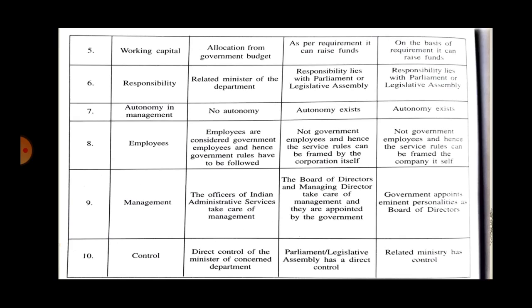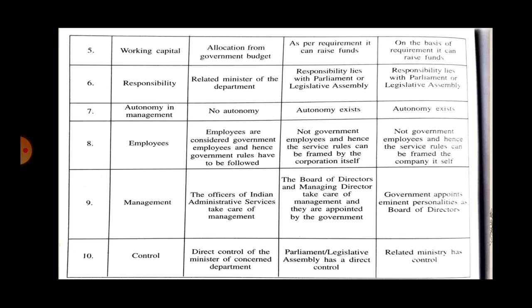Next is control. Here there will be direct control of government, as it is a part of government. It comes directly and only under the government. But public corporations and government companies are not part of government and they are separate from government.